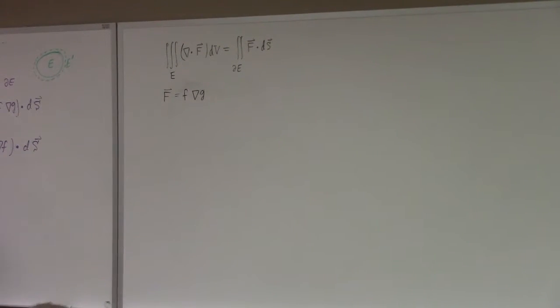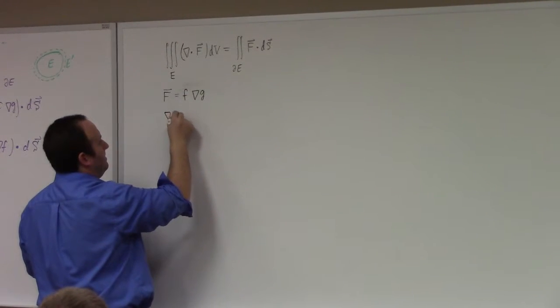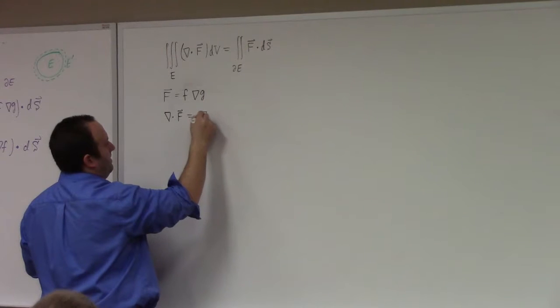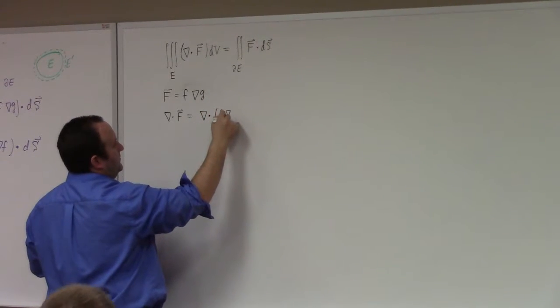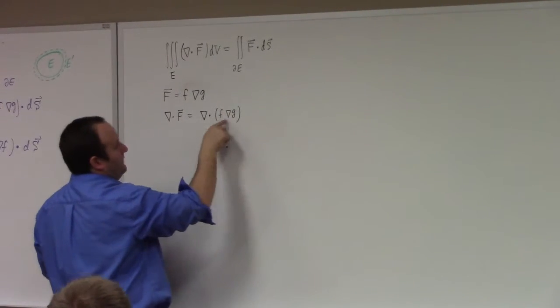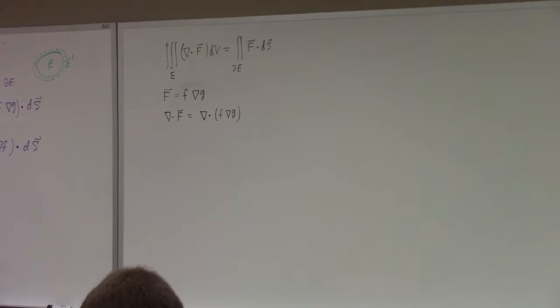So what's the divergence of this? Oh, wait a minute. We've got the divergence of a function times a vector field. We worked out the product rule for such things the other day, did we not? What was the product rule for this?